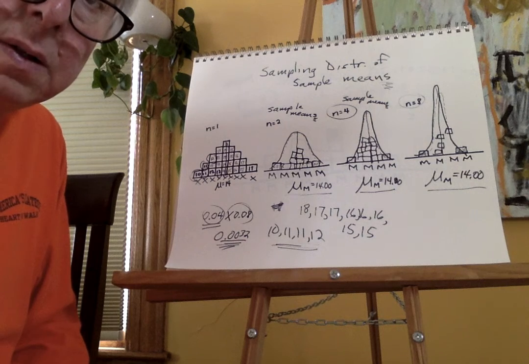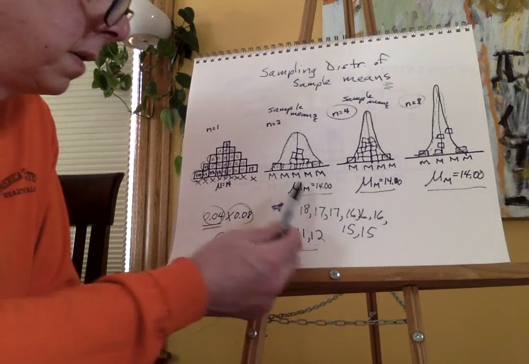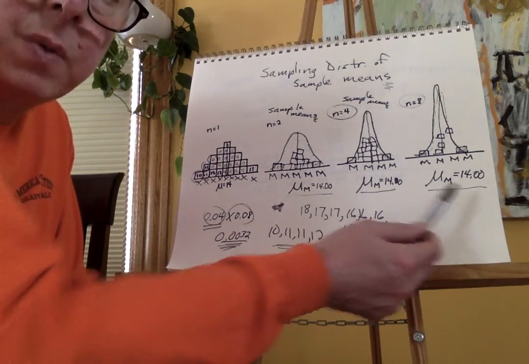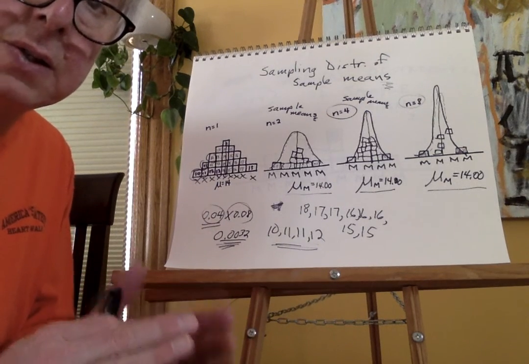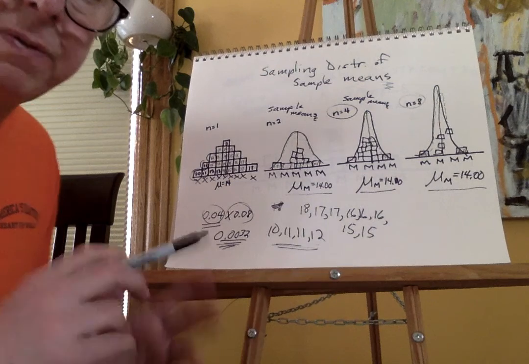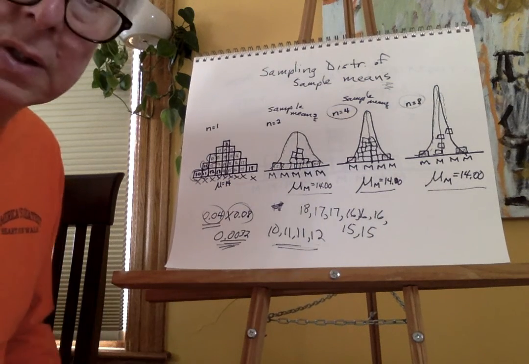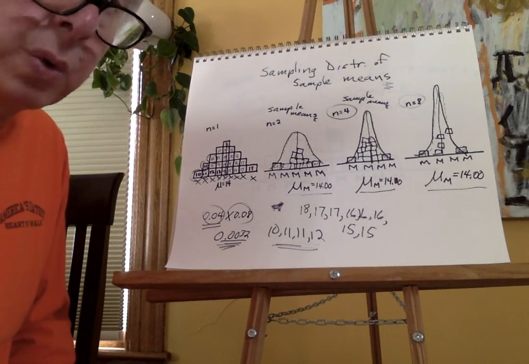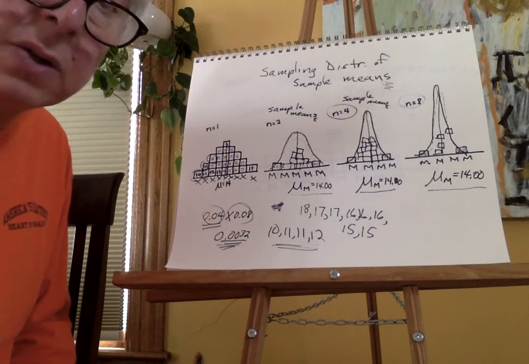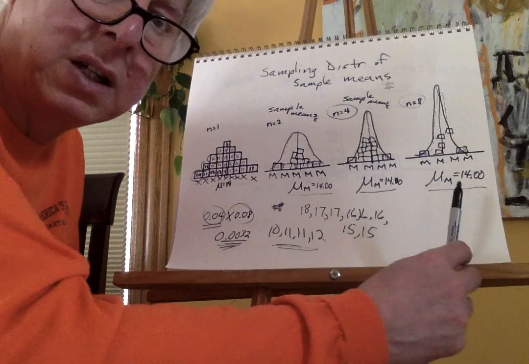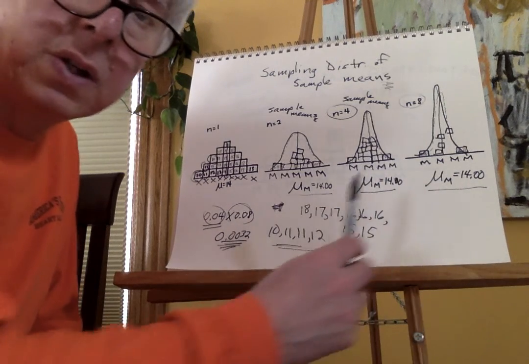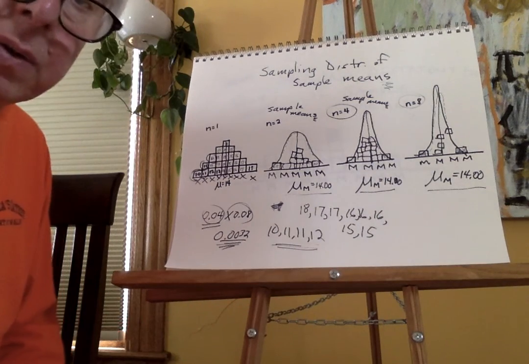Everybody see it? The means stay the same, but the variability around that mean gets smaller. And this is a fact, and this is what happens. And it's so important that we have a special name for what we see develop. And we would do this in class and see this develop, okay?